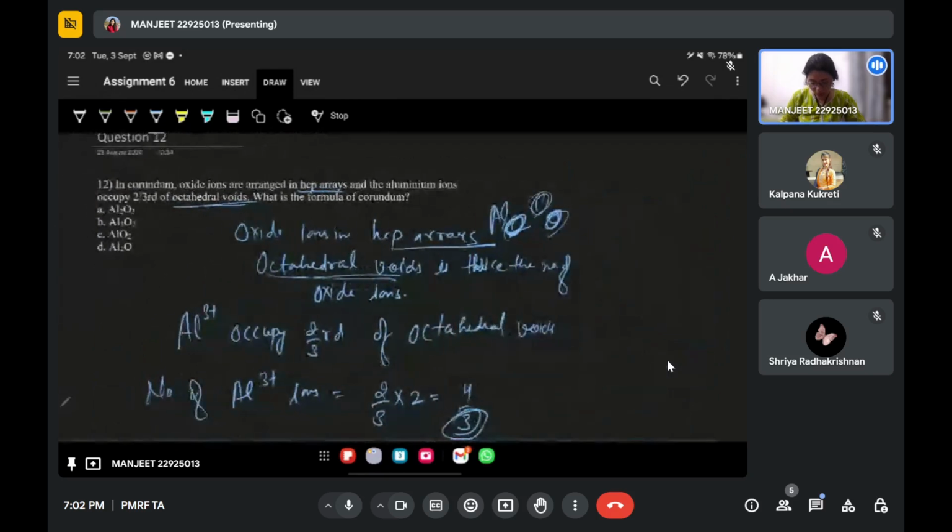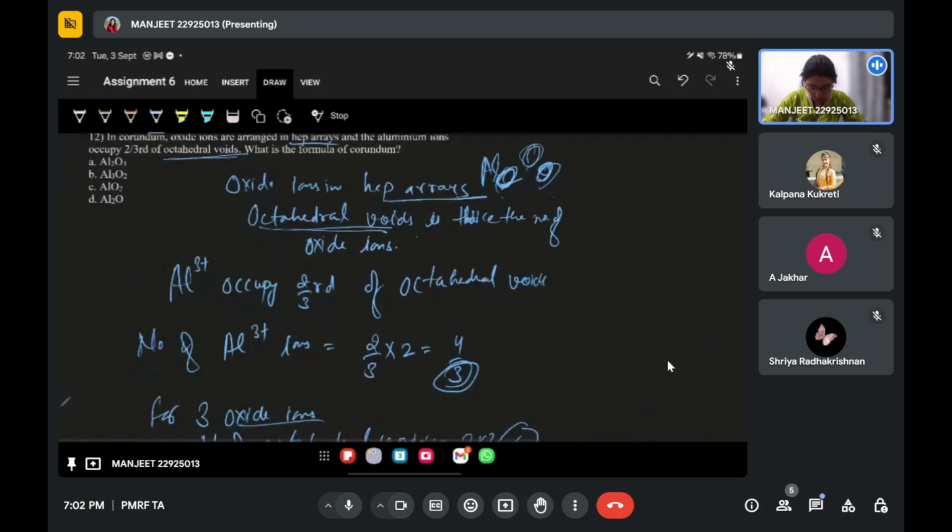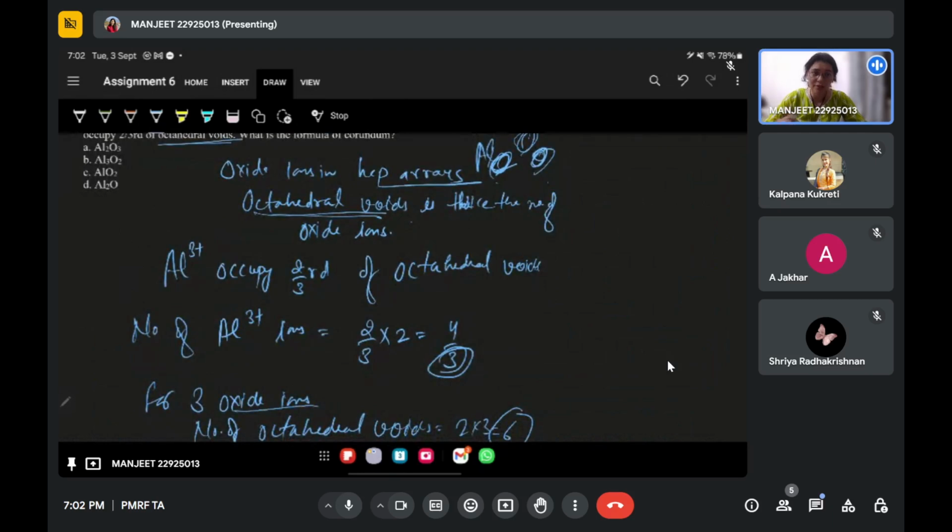So how will you proceed with this? It is given that oxide ions are arranged in an HCP array, and aluminium ions occupy 2/3 of the octahedral voids. So we know that the octahedral voids are twice the number of the oxide ions, and they are occupying 2/3 of the octahedral voids. So the number of aluminium ions will be double of that, which gives 4/3.